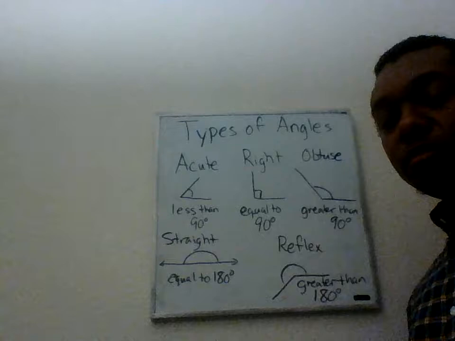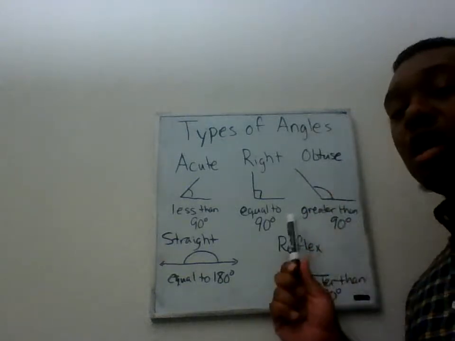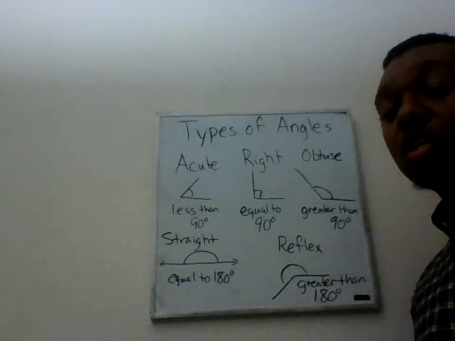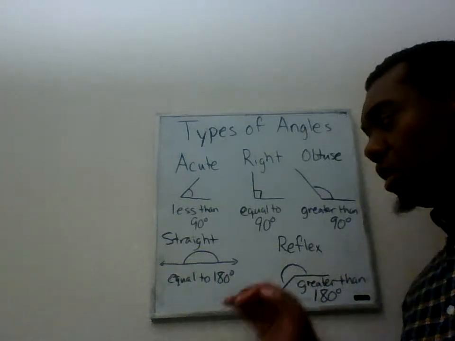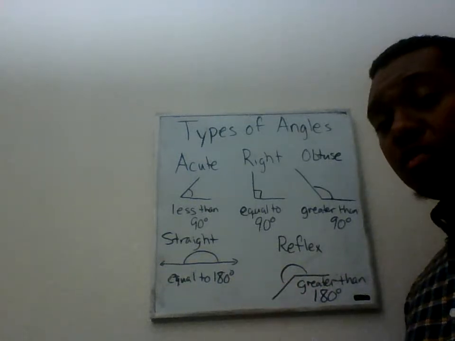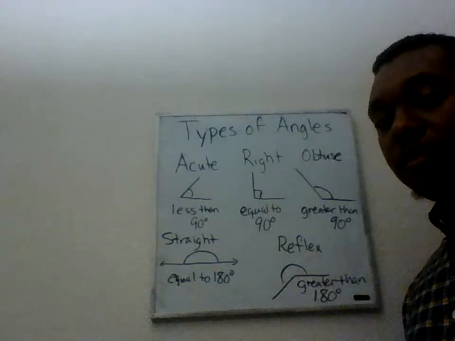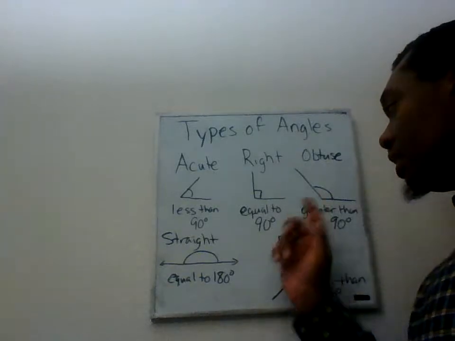Okay. So the third angle that most people are used to is obtuse. Obtuse is greater than 90 degrees, so it is much larger than 90 degrees. Is it larger than 180 degrees? No. Obtuse is actually between 90 and 180. So an obtuse angle is one that is greater than 90.